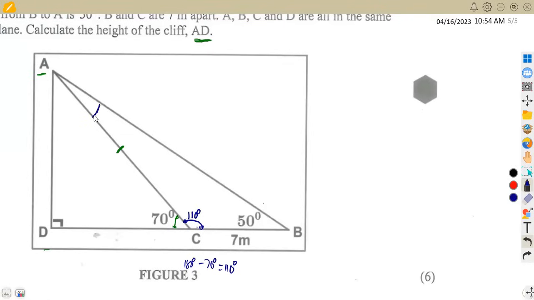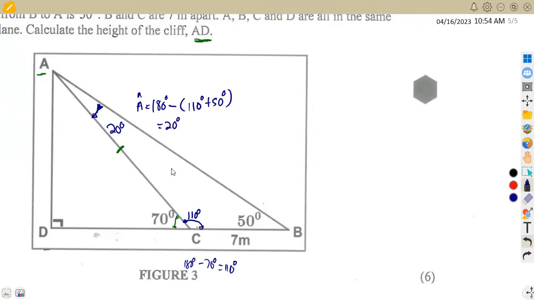We can determine this angle at point A, since angles in a triangle add up to 180 degrees. So that means the angle at A is going to be 180 minus 110 degrees plus 50 degrees. All right, so this is what you're going to obtain, which is 160 from 180, that is 20 degrees. So this is going to be 20 degrees.